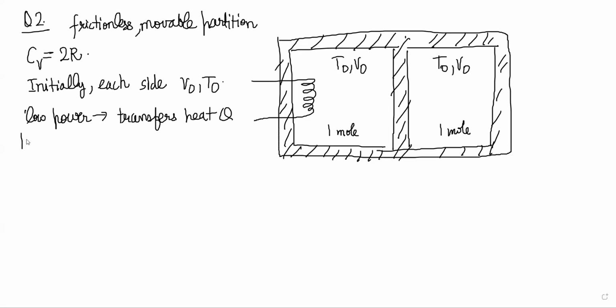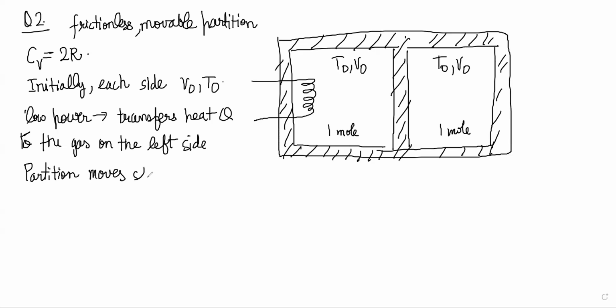As a result, the partition moves slowly towards the right, reducing the right side volume to V naught by 2.